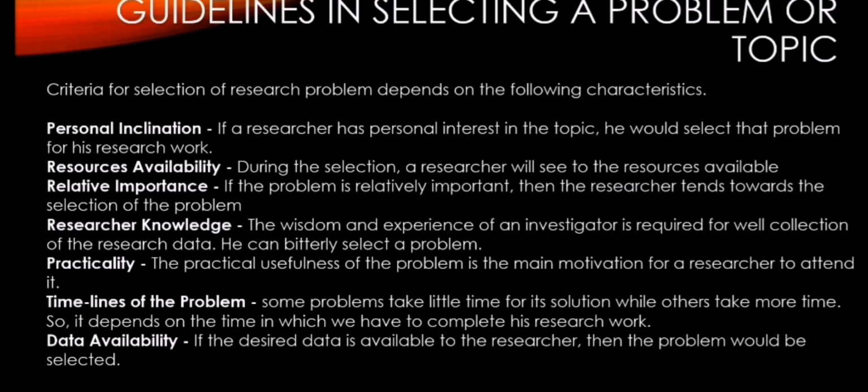So, the next characteristic, timeliness of the problem. Some problems take little time for their solution, while others take more time. So, it depends on the time in which he has to complete his research work. Next, we have data availability. If the desired data is available to the researcher, then the problem would be selected easily.